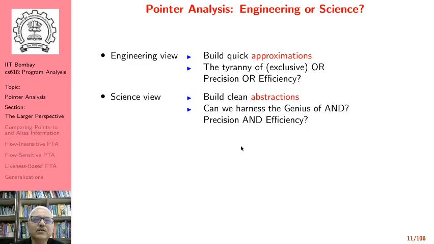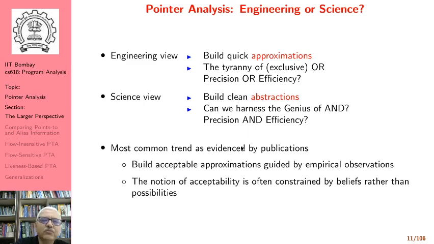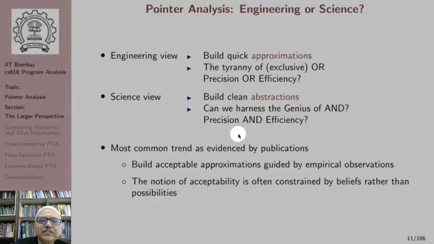The science view, on the other hand, builds a clean abstraction and asks the question, can we harness the genius of AND? Can we get precision and efficiency? And as I've been saying, this has been the focus of the research in my group here. The most common trend, as evidenced by publications, is to build acceptable approximations guided by empirical observations.